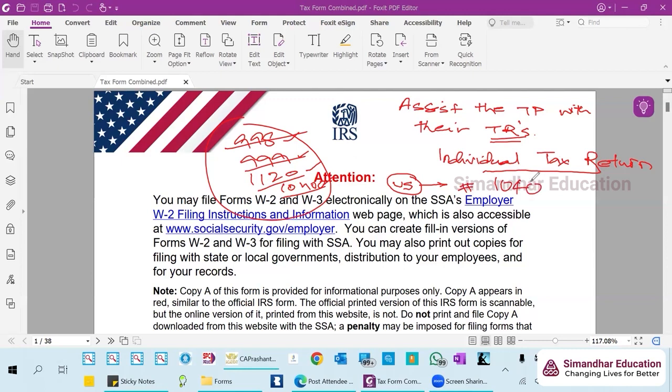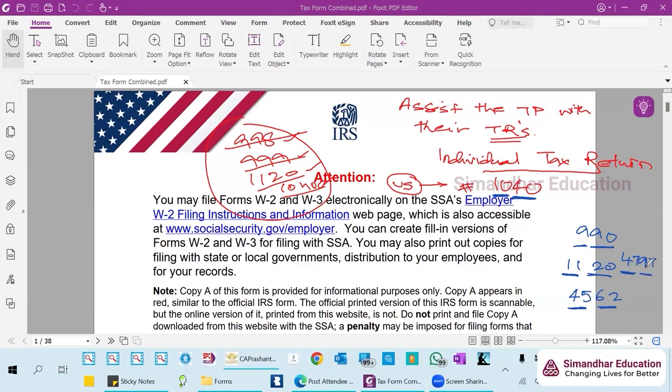In the US, the way they spell out any form number is first two and last two. Say, for example, this is one of the form numbers: they will say 990. Here they would say 1040, then 1120. So first two and last two. This is 4562, and 4797.